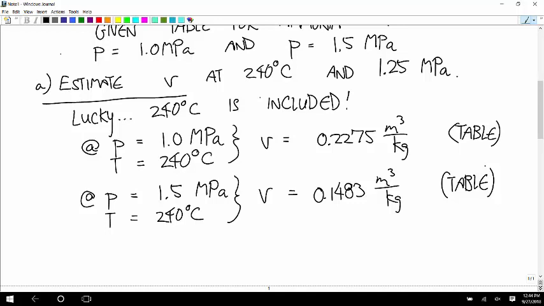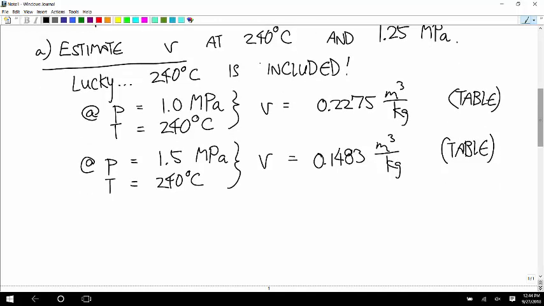And we want to use that to approximate the specific volume at 1.25 megapascals. So since everything's at 240 degrees Celsius here, we can just think of this as a function of pressure.